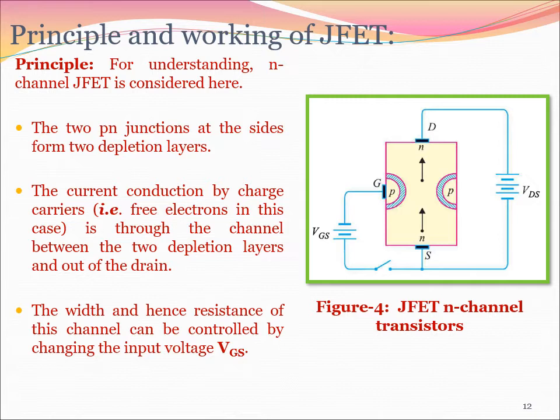And this is the working principle: you can see that there are two depletion layers, one on the left side and another on the right side. If we apply the voltage to reverse bias this junction, the width of the depletion layer on both sides, because this terminal is internally connected here, will start increasing, and due to this the width of the channel will decrease, and as the width of this channel decreases, the drain current will decrease.